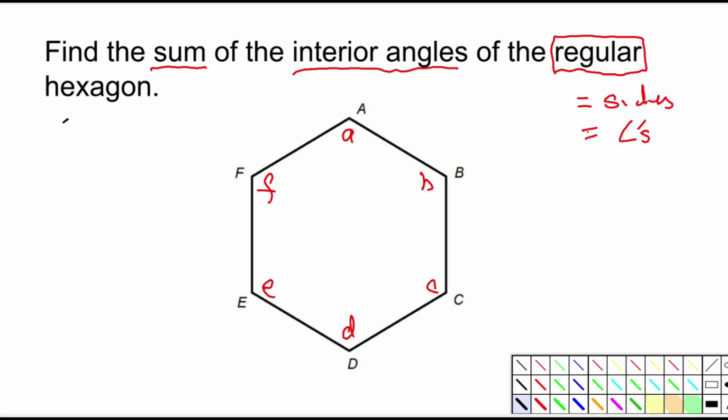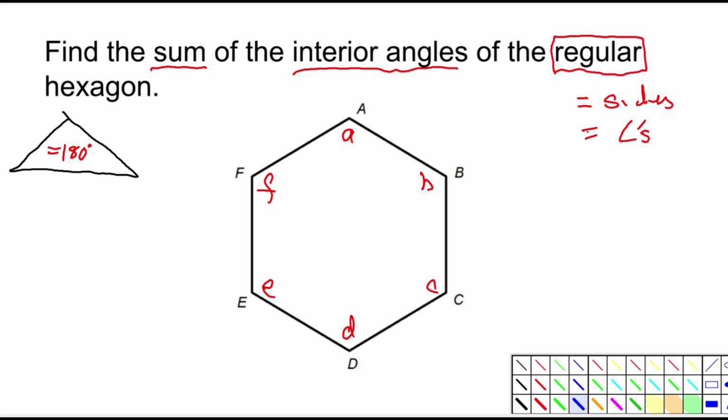And we know a triangle, if we added those 3 angles up, we would get 180 degrees. Remember, the whole goal for today is to figure out what all these angles add up to in all our polygons. So let's take a look here.